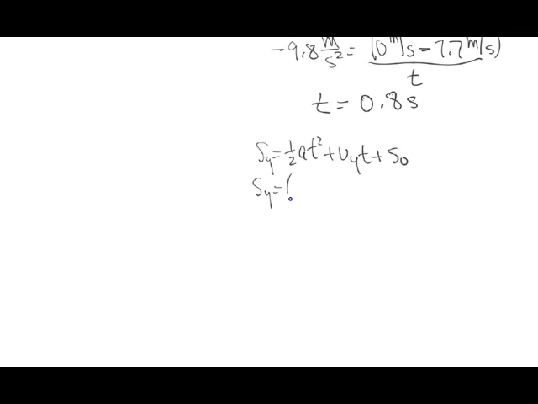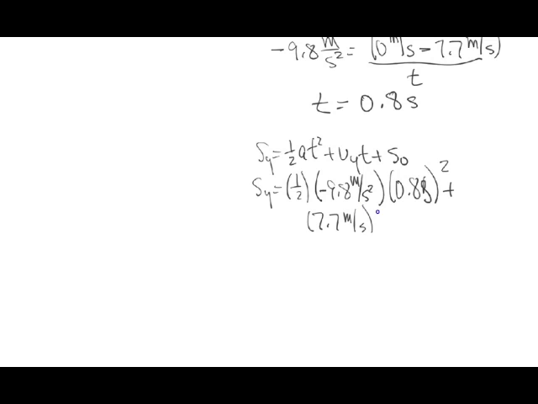S sub y equals 1/2 times minus 9.8 meters per second squared, again, because the object is slowing down, times the amount of time it takes to reach the top of the arc, 0.8 seconds squared, plus initial upward velocity of 7.7 meters per second times 0.8 seconds, plus the initial 2 meters the object was above the ground when it was released.